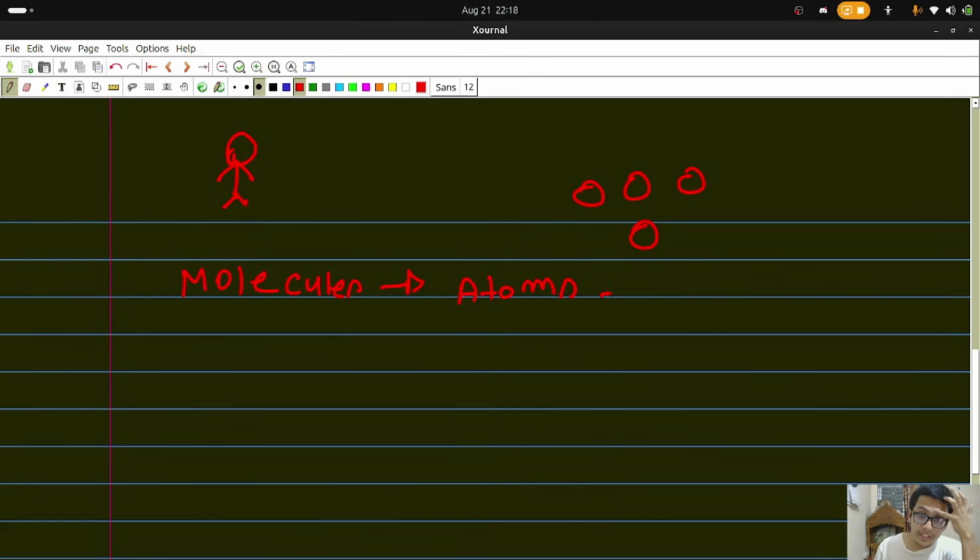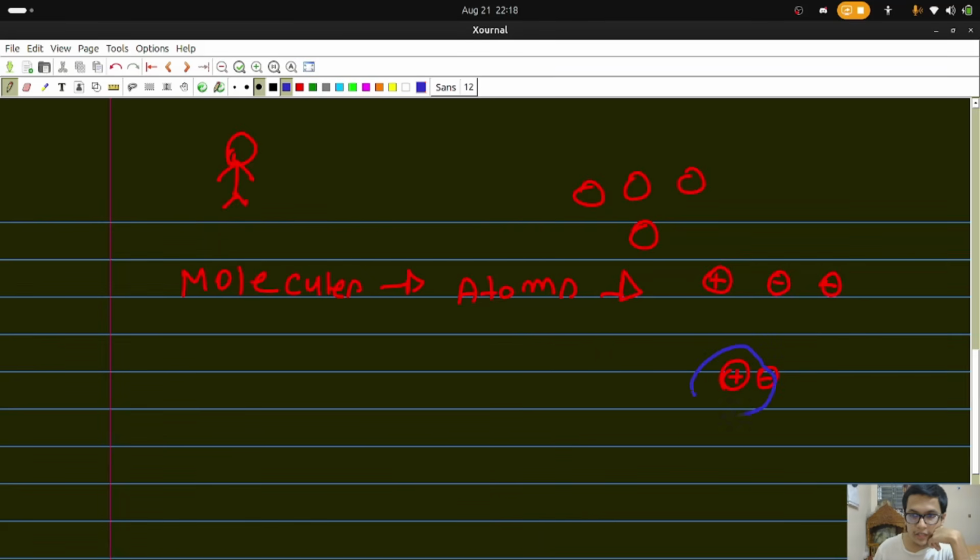And then if we try to break the atoms, we go more in depth, where we will find protons, electrons, and neutrons. Protons and neutrons are in a single shell, it's called a nucleus.